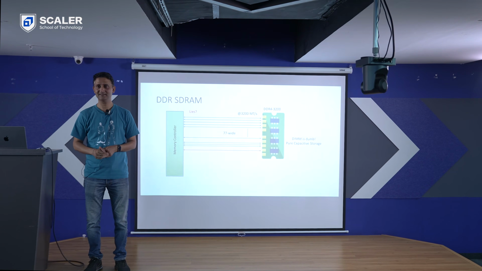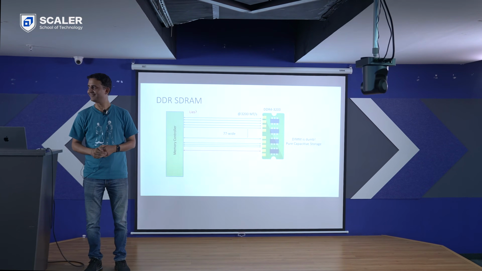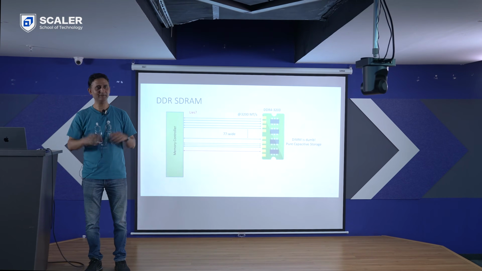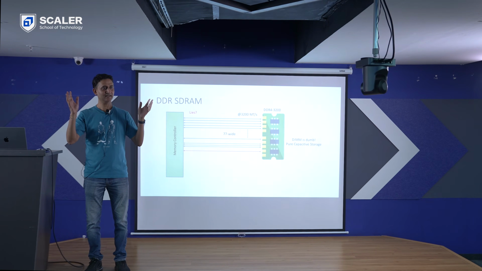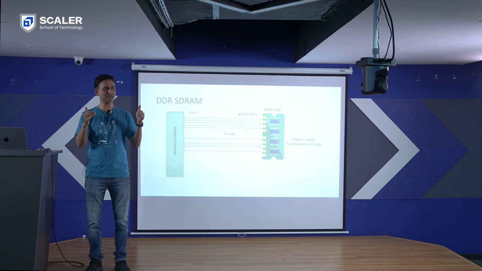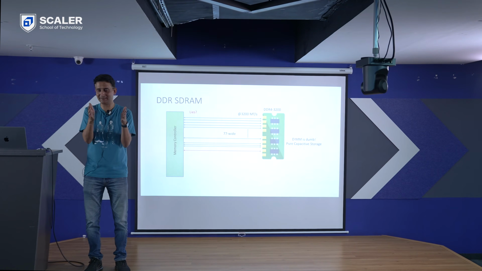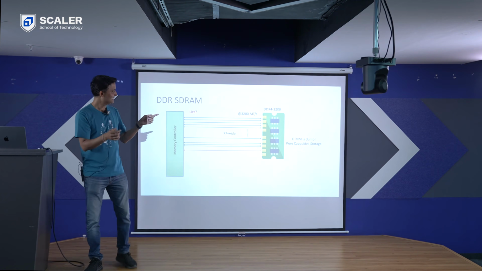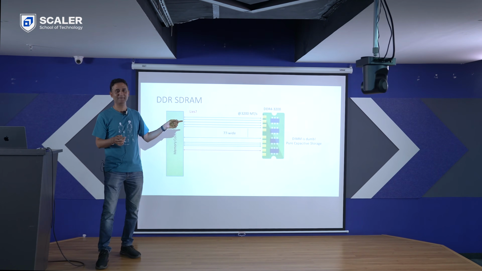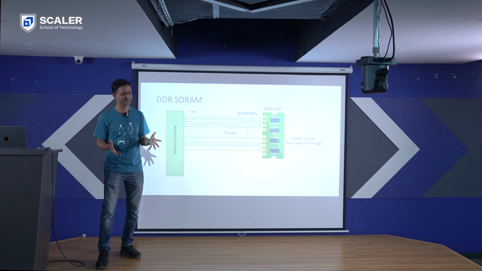Why? When in our software, what is the unit of data that we work with? Byte. Sometimes we need to look at individual bits, yes, but we are always working at a byte, right? A 77 byte data bus feels odd, right?